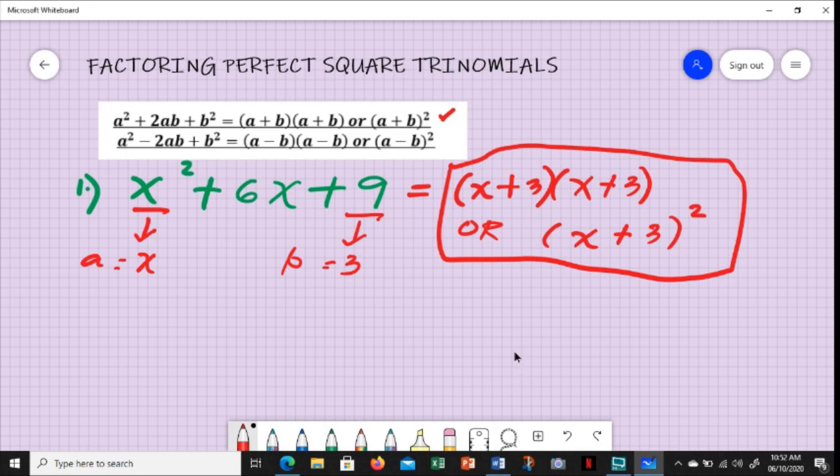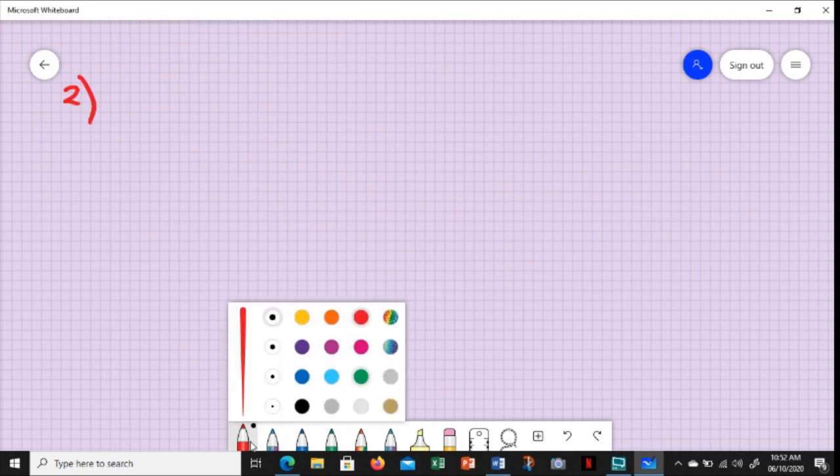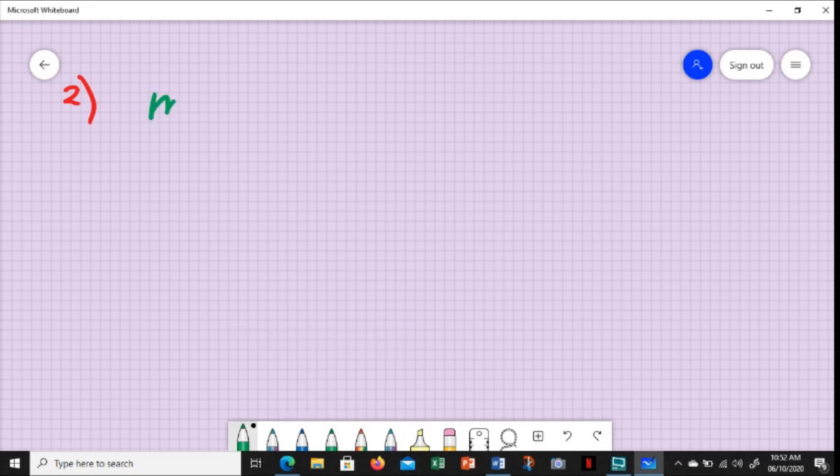Next, let us proceed. Next example, number 2. So, the given is m raised to 4 plus 2 m square n raised to 4 plus n raised to 8.